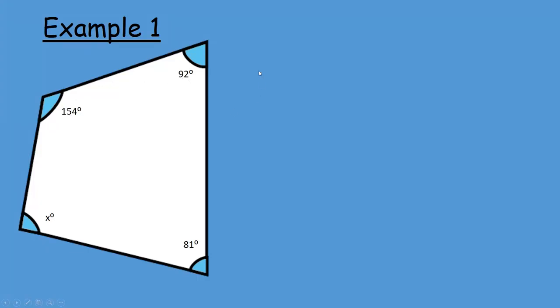So we're going to add those three together. Again, it's a column addition because we've got no calculator in these questions. So it's good practice for our column addition. So I've got 154, 92, and 81. So 2 plus 4 is 6, and 1 is 7.